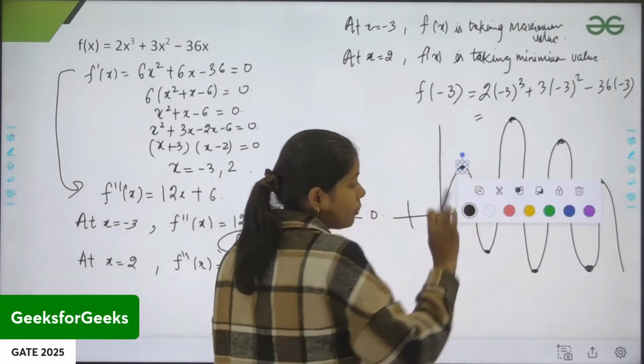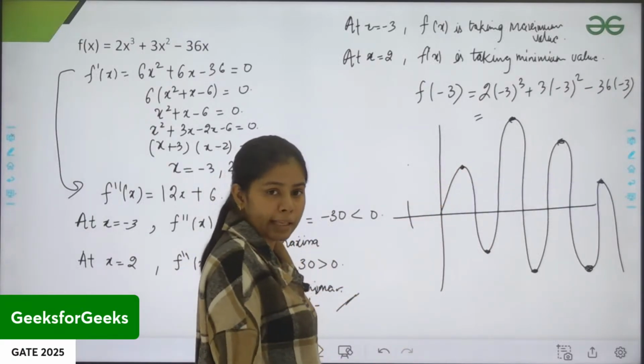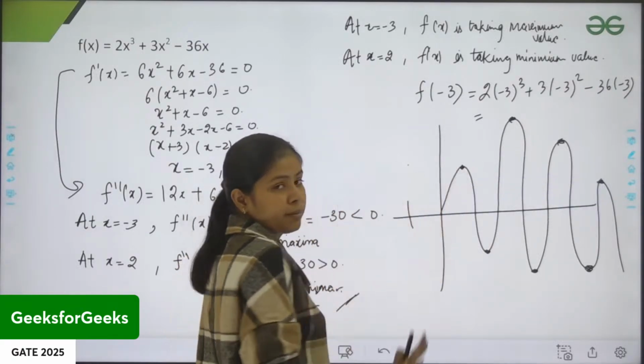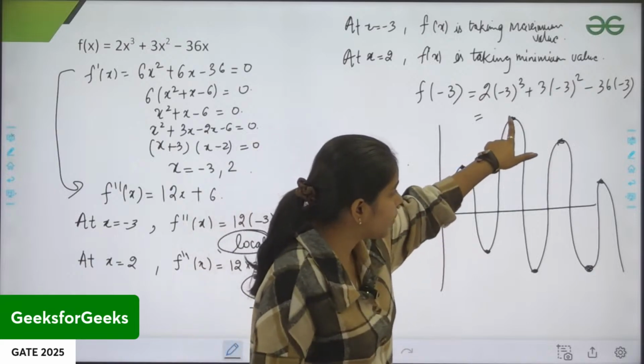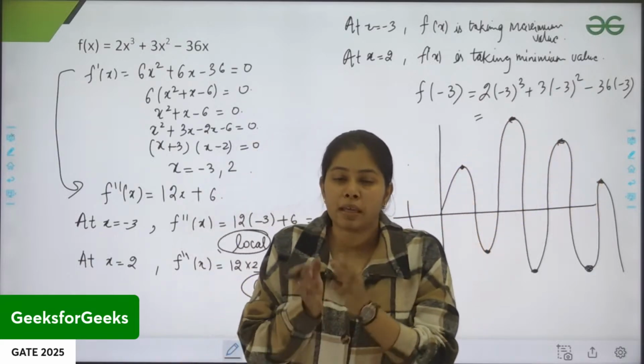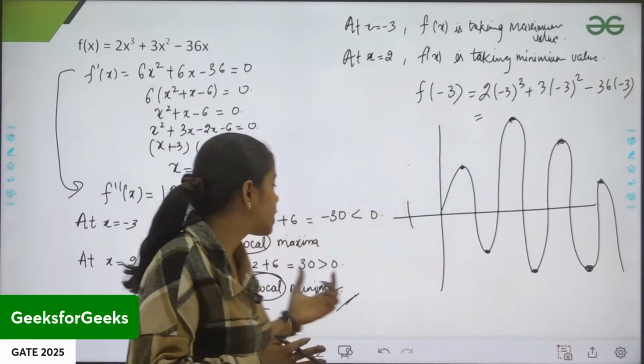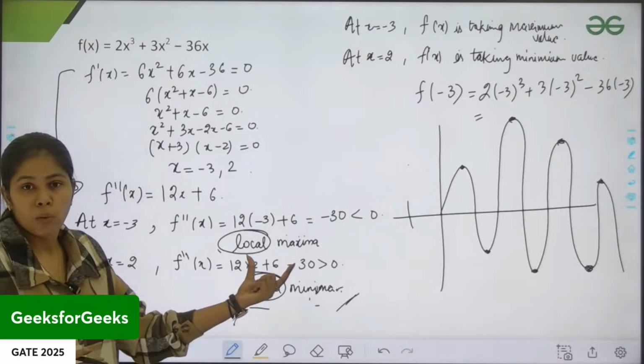If you check the double derivative sign at this point, you would get less than 0, because you are getting a maxima here, and here, and here, and here. So for a function there may be a possibility we get a number of maximas. That's why we'll say these are my local maxima.